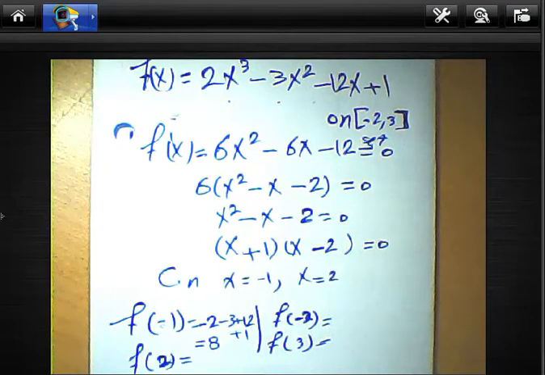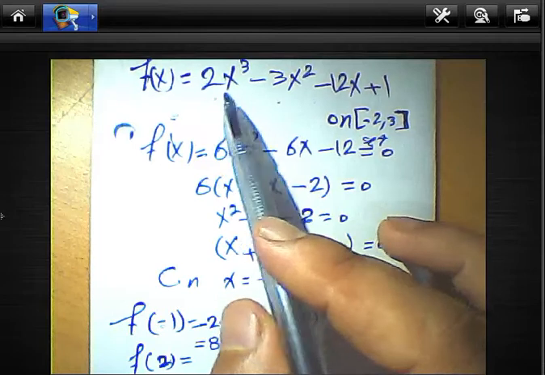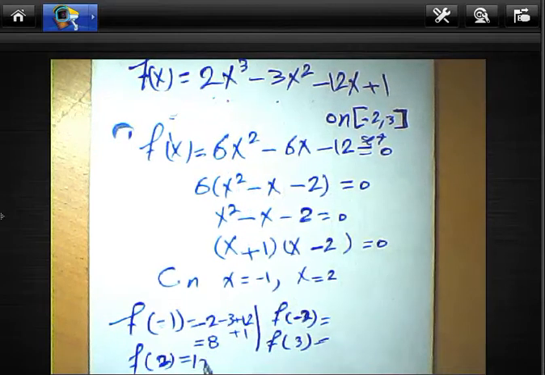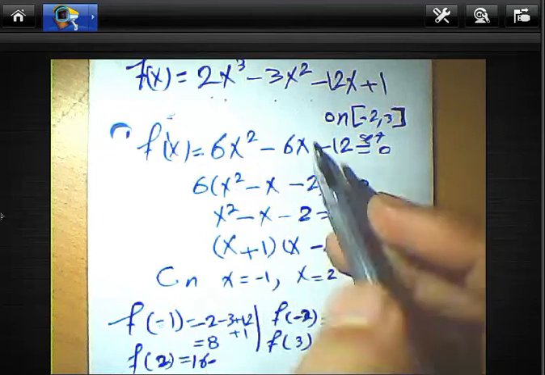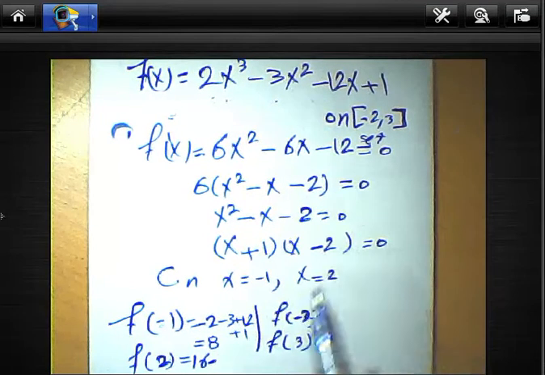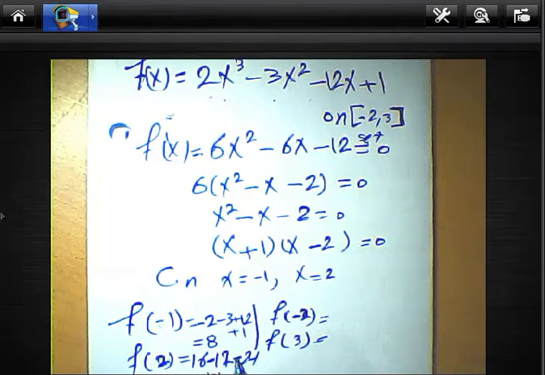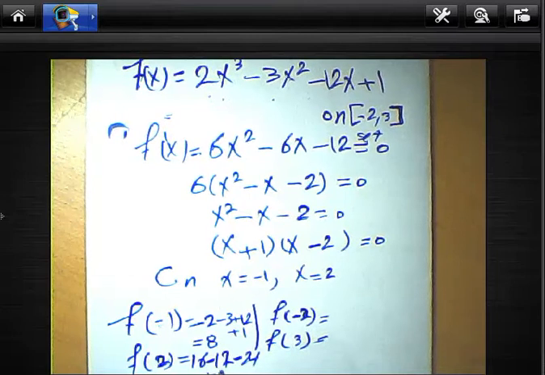And f of 2: write 2 here, 2 multiply 2 power 3, 2 power 3 equals 8, 2 times 8 equals 16, subtract 3 multiply 4 equals 12, subtract 12 times 2 equals 24 plus 1. 16 subtract 12 equals 4, 4 subtract 24 equals negative 20, negative 20 plus 1 equals negative 19.